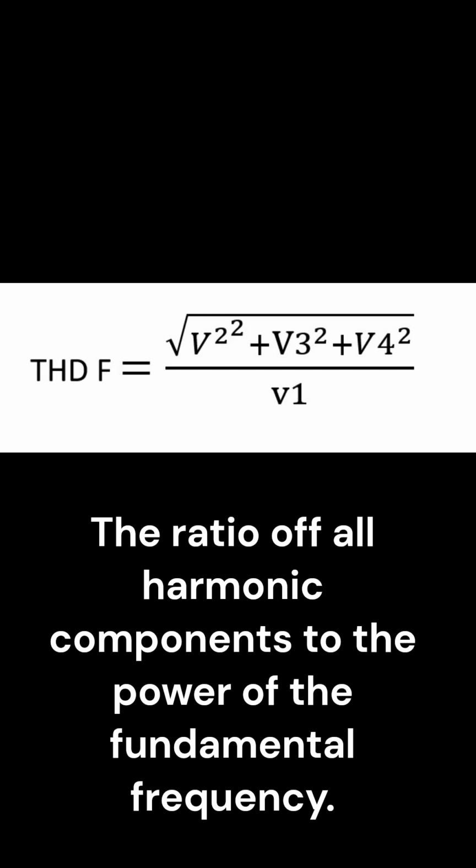So the formula for total harmonic distortion is the square root of V2² plus V3² plus V4², divided by V1, the fundamental frequency. Again, I'm not going to spend a whole lot of time there because I know if you're not into math, that's going to be boring. I just wanted to point that out to you so you have a more scientific understanding of what's going on with total harmonic distortion.